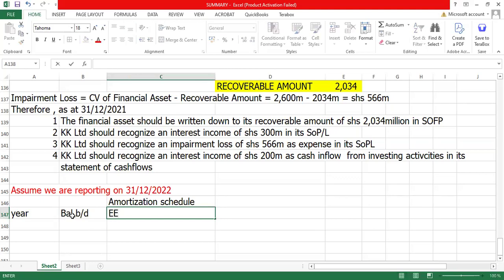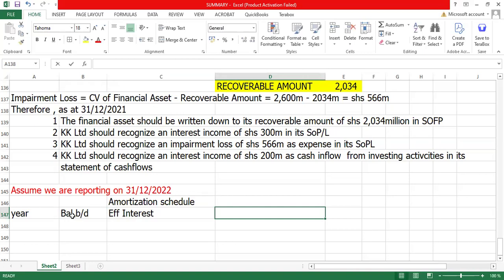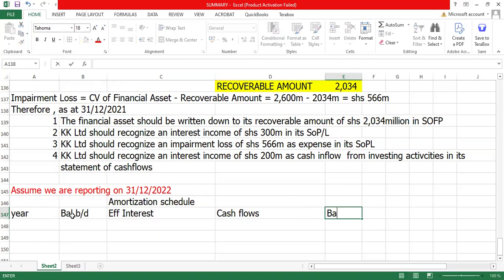Then you put here effective interest. Then you put here your cash flow. Then you put here the balance carried down. Then, of course, this one will remain as at 12%.